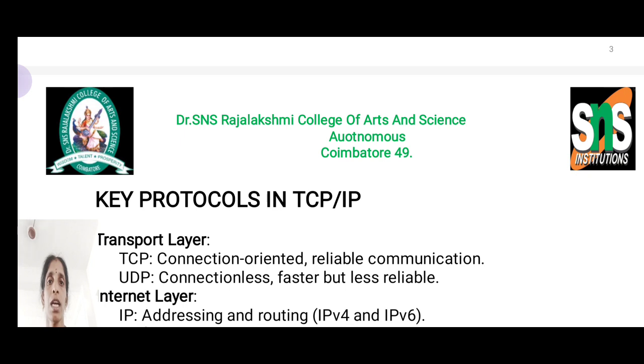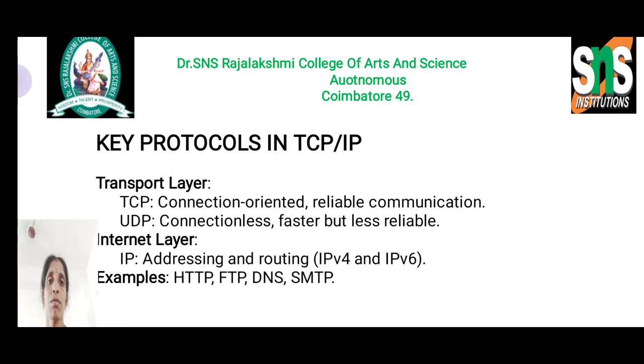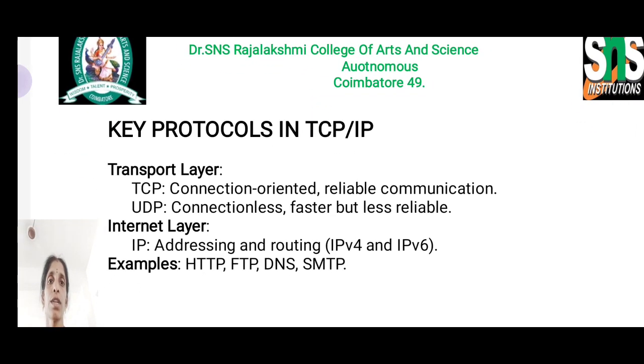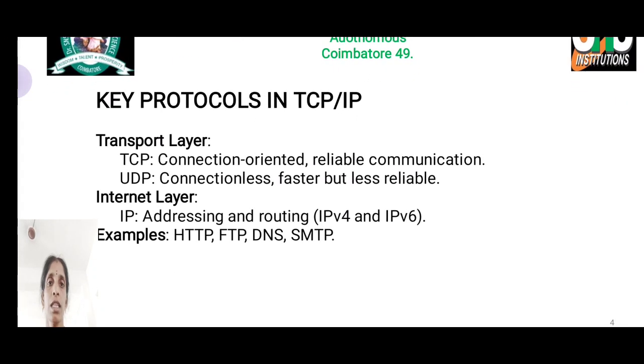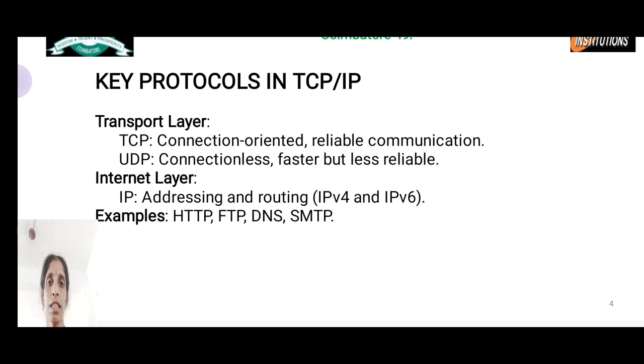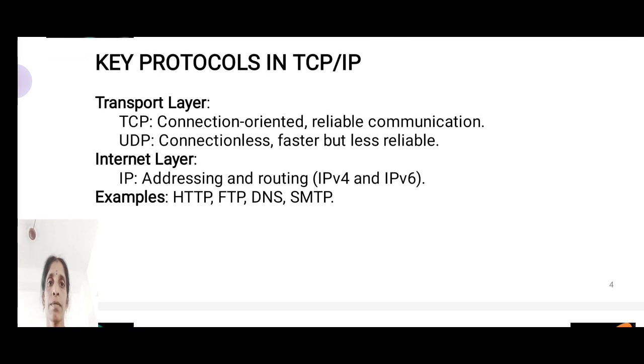If we want to communicate through phone, definitely the end user should be available in order to pick up our call and receive our information. This is the example for connectionless and connection oriented protocols, which is done in the transport layer. And in the internet layer, the main theme is to provide addressing and routing.